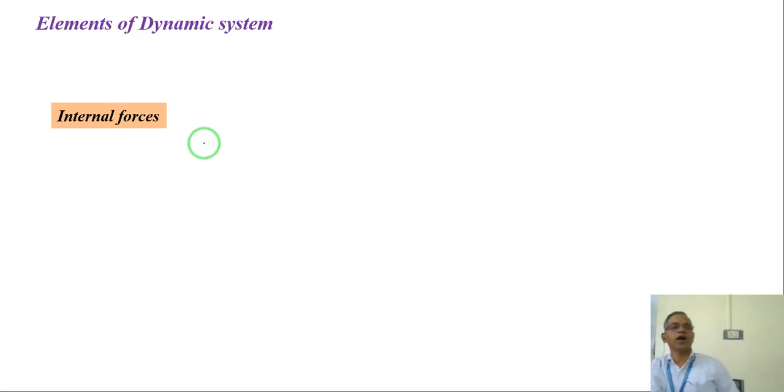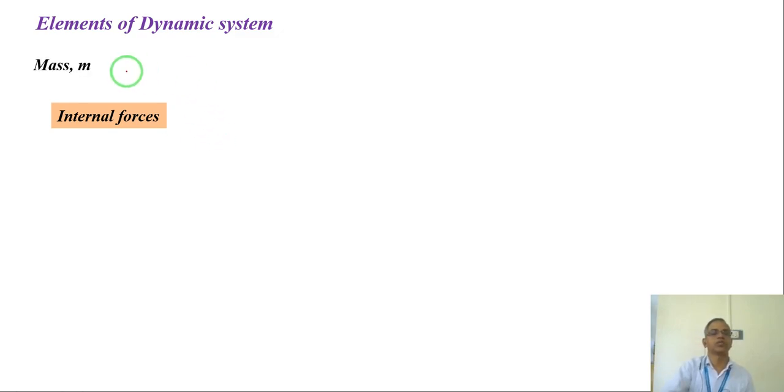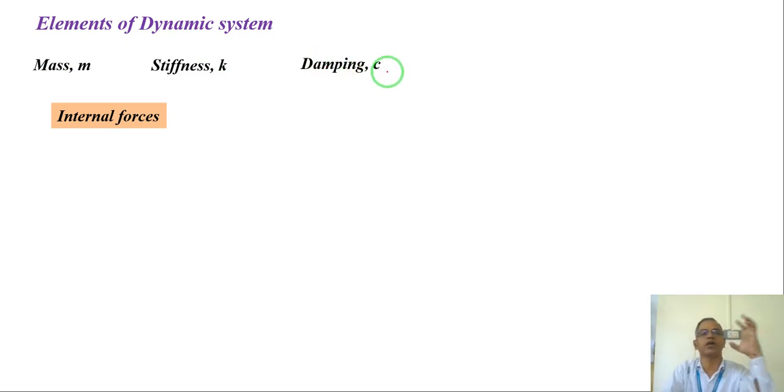Now the next part is the elements of a dynamic system. So what is the dynamic system? That means the elements of the dynamic system are mass, we have stiffness K, then damping C. These are the fundamental elements of dynamic systems, without which we cannot describe the dynamic system.